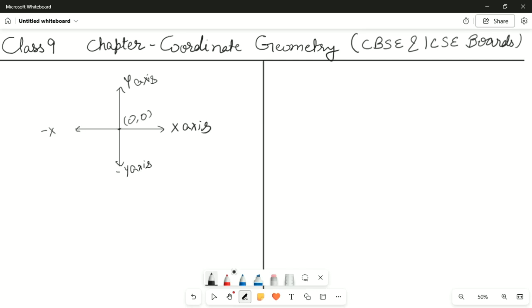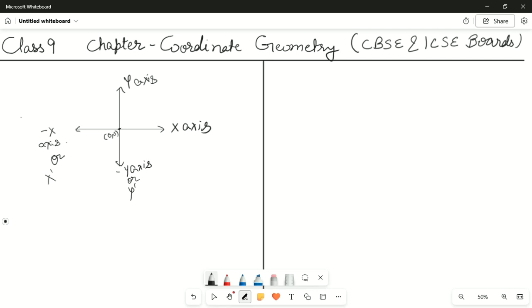This is the negative x-axis. The negative ones are also represented as y dash and x dash. This is the center's coordinates, (0, 0).